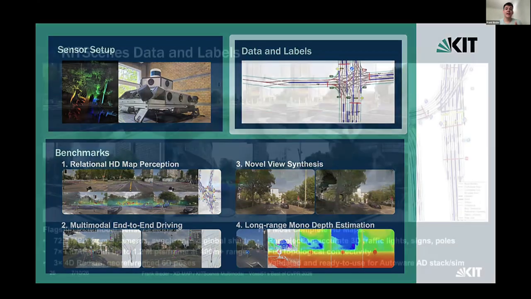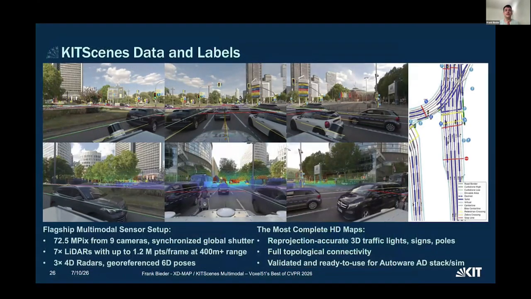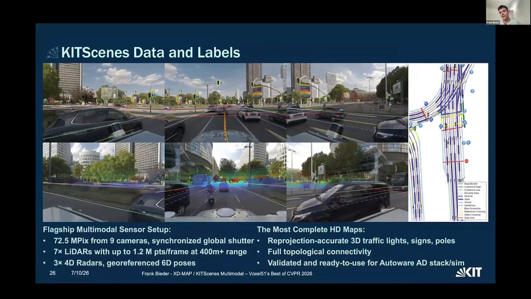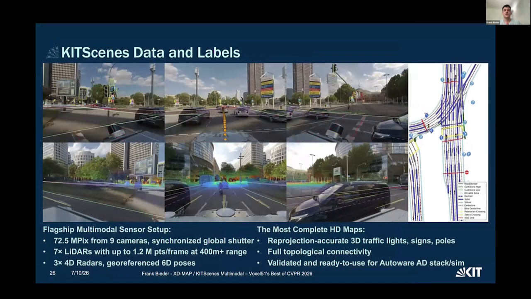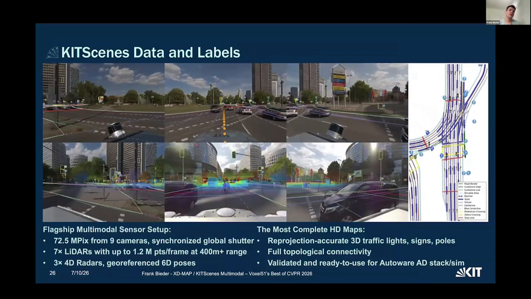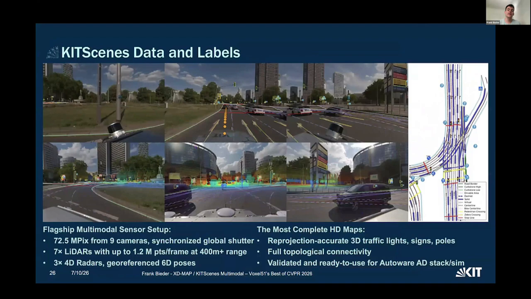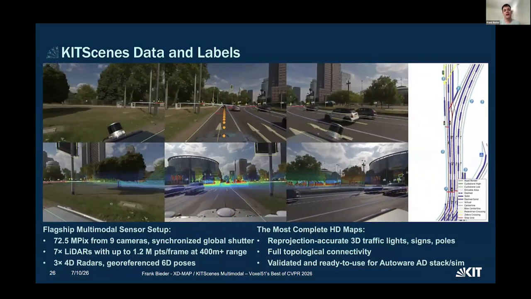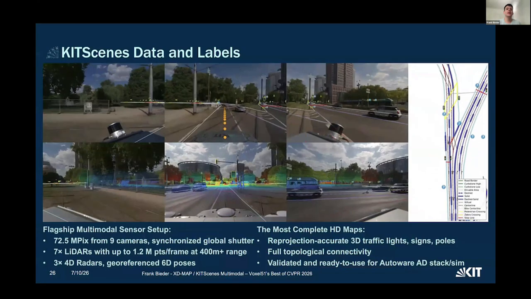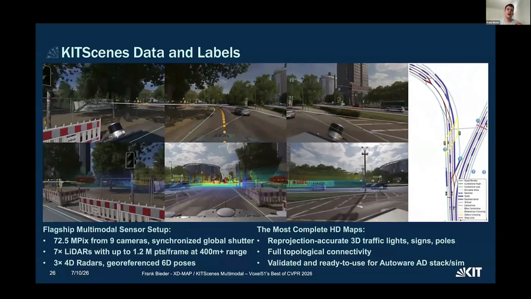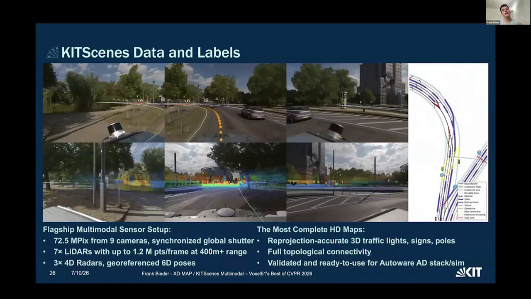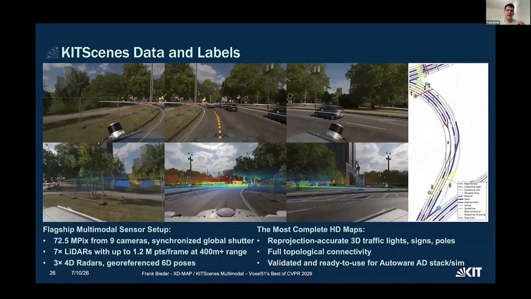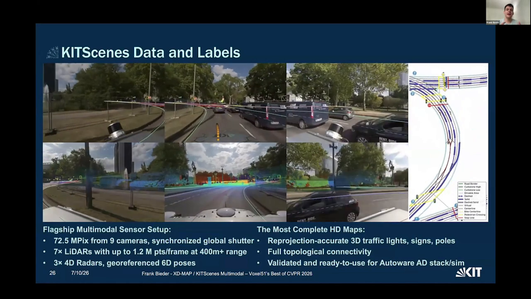The other very specific thing is what you see here. Look at the video. All these labels come from a globally consistent map, and they are back projected and are up to pixel accurate. Our whole mapping and labeling pipeline is that accurate.